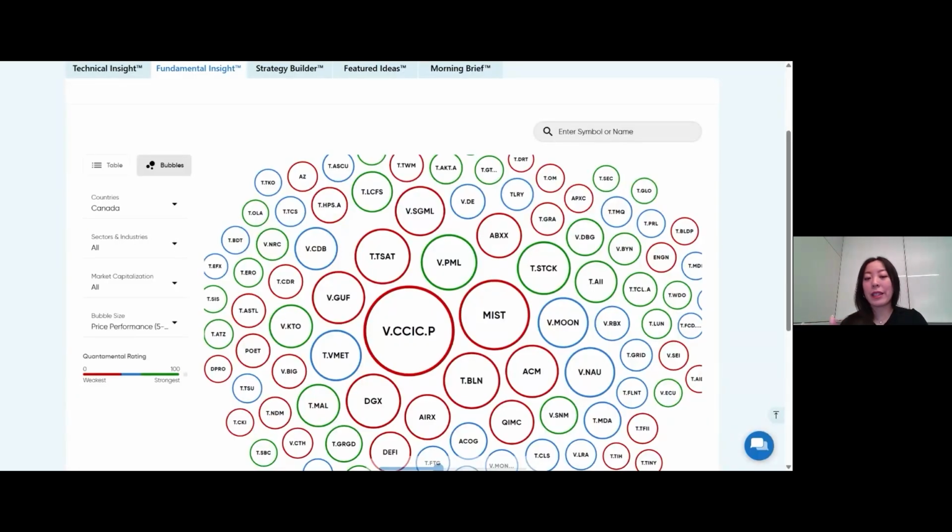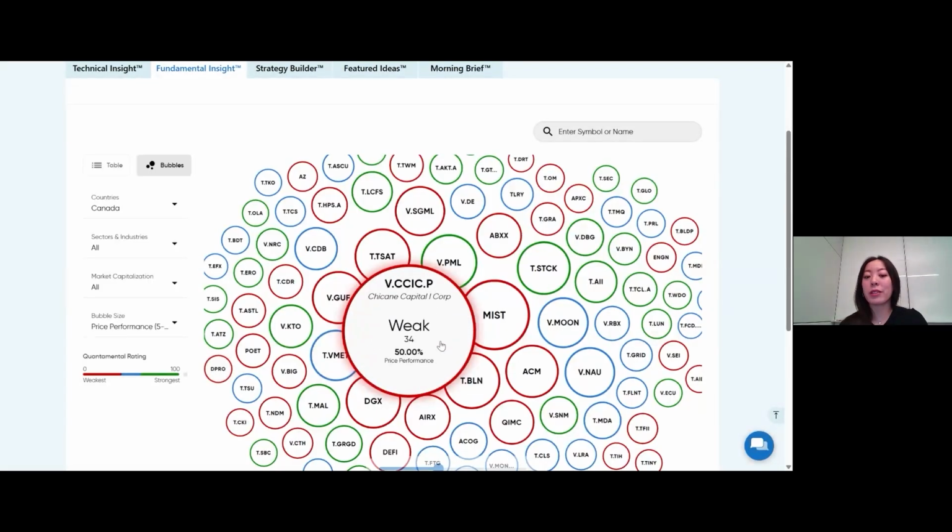The way the colors and the bubbles work is it's essentially based off of the Trading Central Quantamental rating. There is a little legend here. The red symbolizes a weaker Quantamental rating, all the way to green, which is a stronger Quantamental rating. And the bigger the circle, the bigger the market capitalization of that specific company.